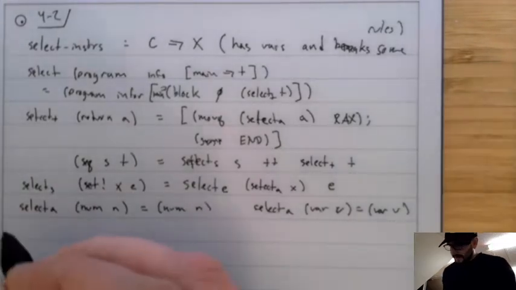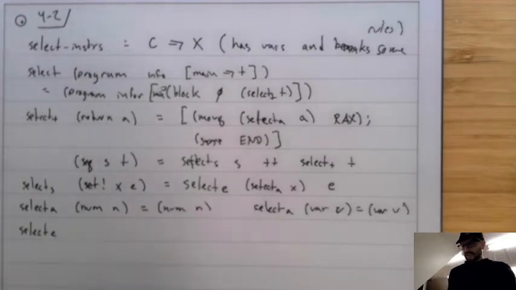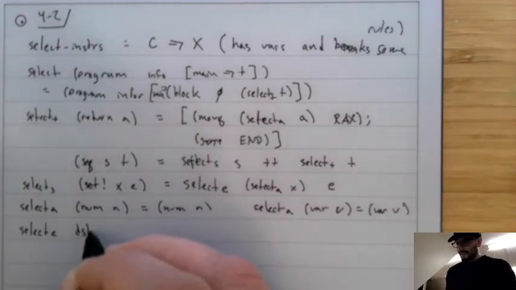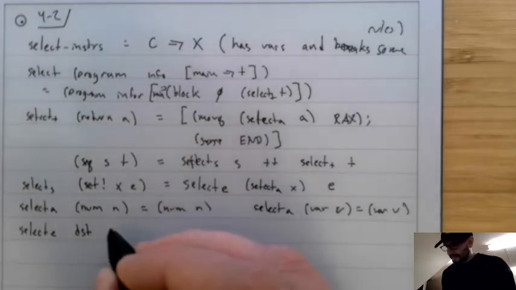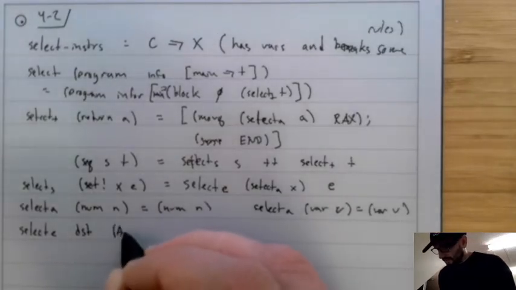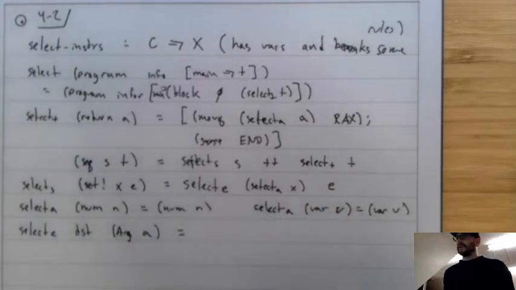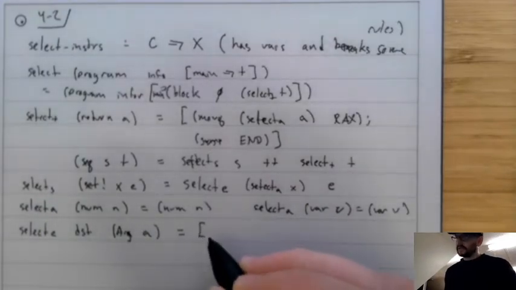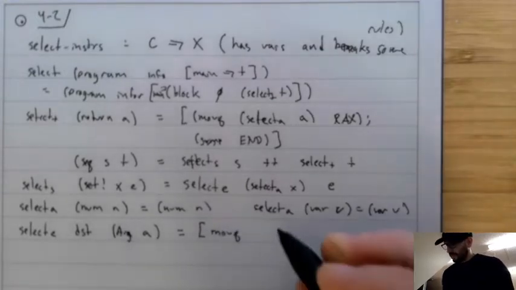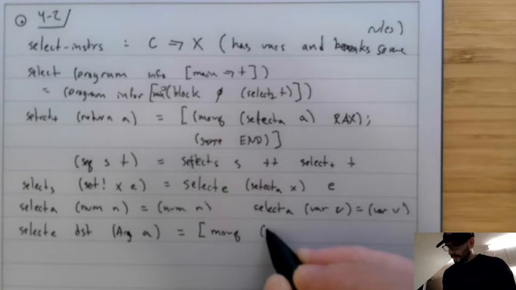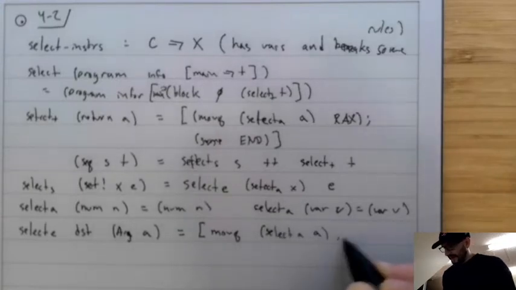Okay. Next, we'll have select E. And it's going to take as an argument the destination that it's going to stick the answer into. And then it'll either get an argument, arg A, in which case what we're going to do is we're going to return a list of instructions, which is going to be movq, and we want to move select A of that A into the destination.